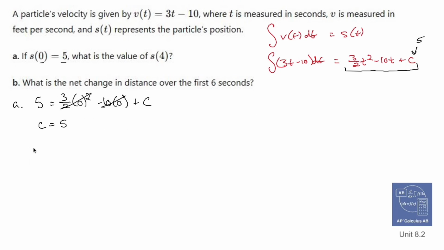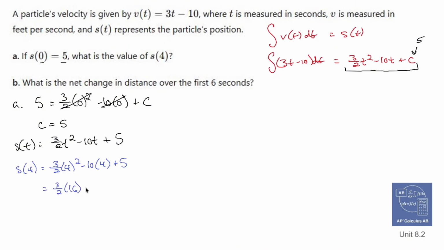So if I have my position function, s of t equals 3/2 t squared minus 10t plus 5, I can easily find out what happens when I substitute in 4. So s of 4 is going to equal 3/2 times 4 squared, a fun game, minus 10 times 4 plus 5. 3/2 of 16 minus 40 plus 5 is going to be, what is that going to be?